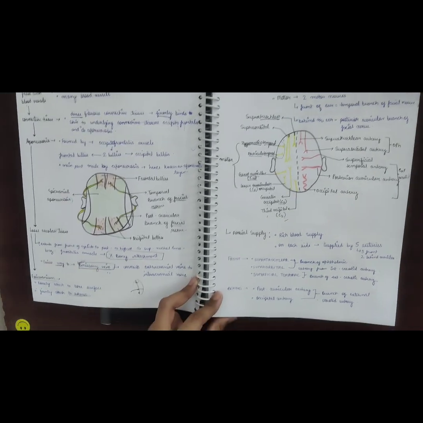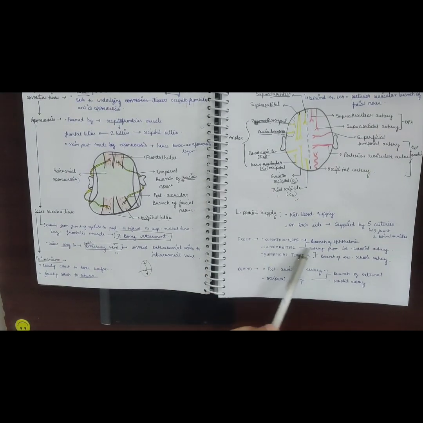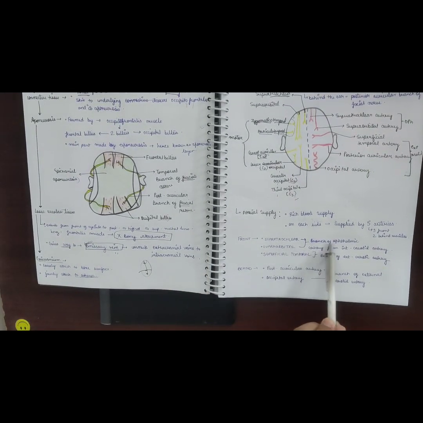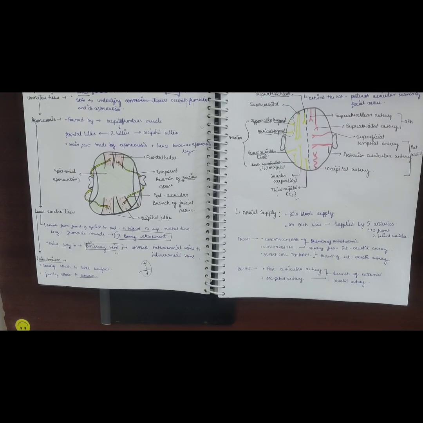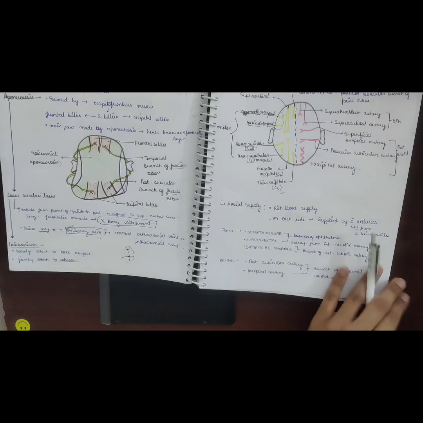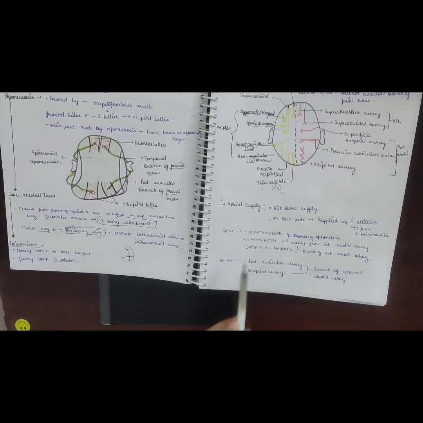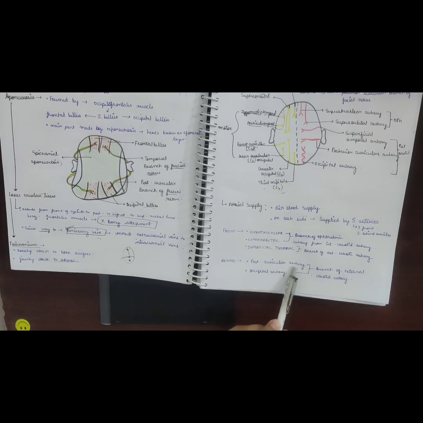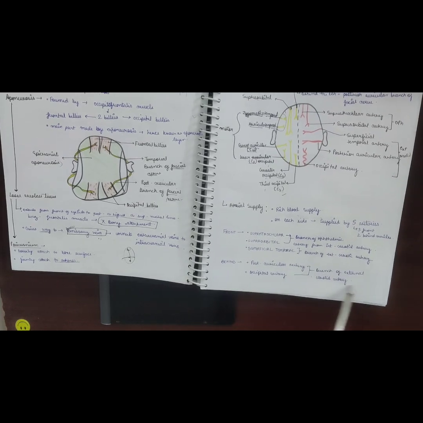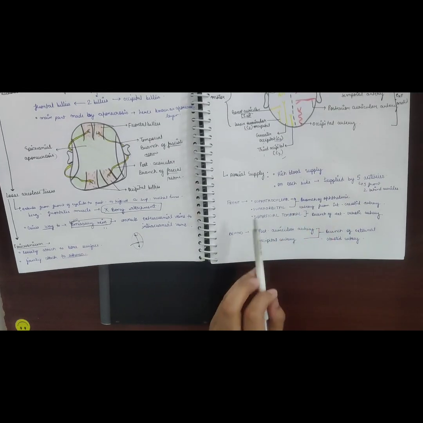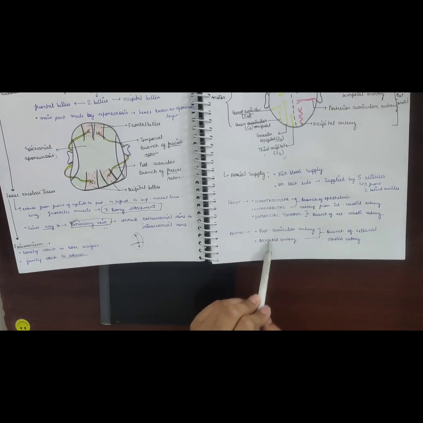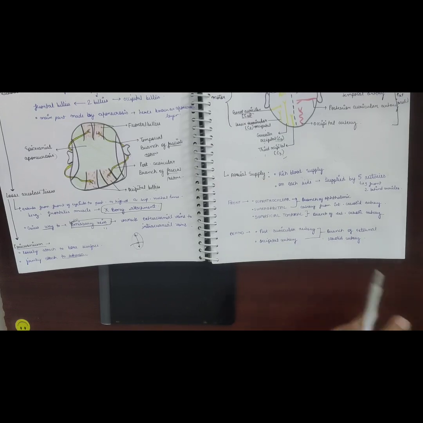The ophthalmic artery is a branch of the internal carotid, and the superficial temporal, posterior auricular and occipital are branches of the external carotid.